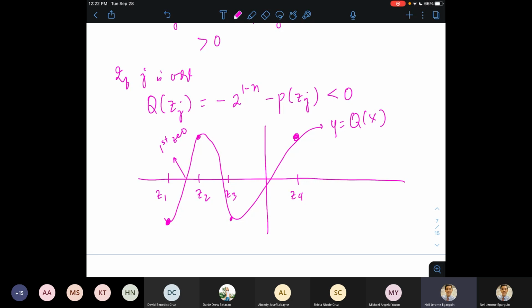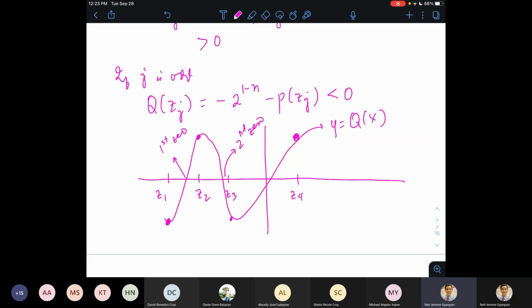Pero from Z2 to Z3, it will shift from being positive to become negative. And again, Q is continuous. So by the intermediate value theorem, tatama dapat yung graph ni Q sa x-axis ulit. So that gives us the second 0. Okay. So kung meron kang tatlong places kung kailan na-attain niya yung maximum o kaya minimum, meron kang dalawang zeros. And this process will go on.